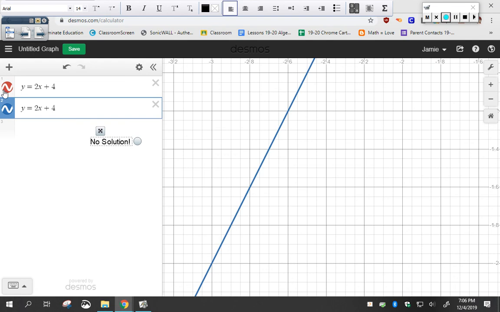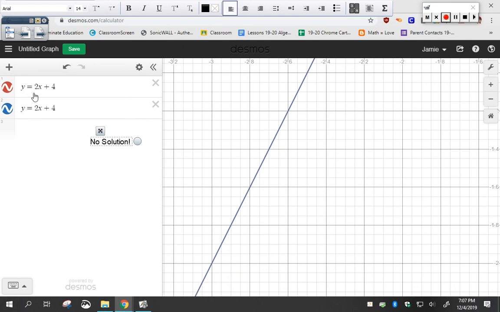Here's a blue line. Here's a red line. Actually, if I take the red off, you see more blue. If I take the blue off, you see more red. It's a purple line. It's because it's two of the same line.